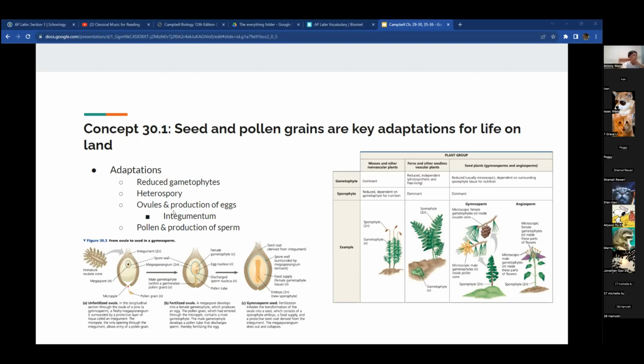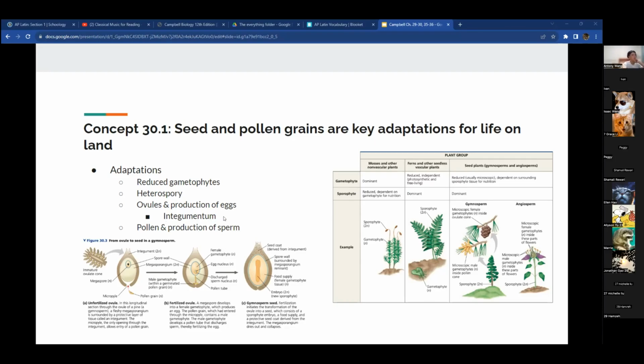Another thing is heterospory. So every single flowering plant, every single vascular plant can produce both male and female gametophytes. And this just makes it easier for fertilization to occur. Ovules and production of eggs. An ovule is the place where the female gametophyte is stored, which eventually develops into the zygote.